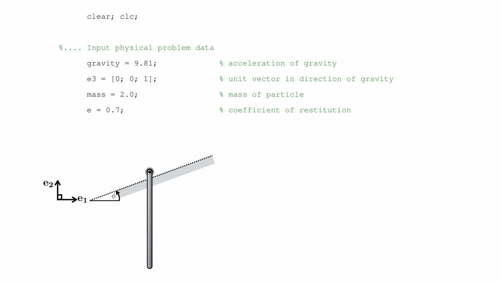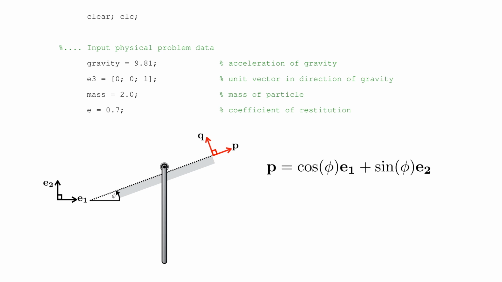So let's just go ahead and look at the problem geometry really quick. We have an inclined plane rotated up from the horizontal by an angle phi. In our input physical problem data section, we always want to put data about the problem that doesn't depend on time. For instance, we have this pendulum of length L. L is a constant that's not going to change with time, so we're going to want to put it in this section.